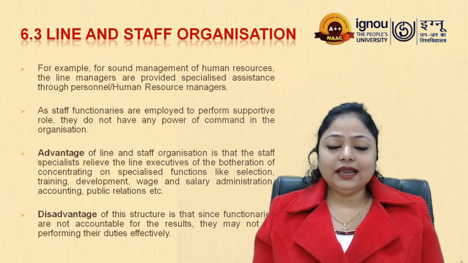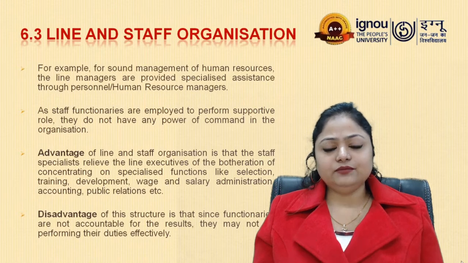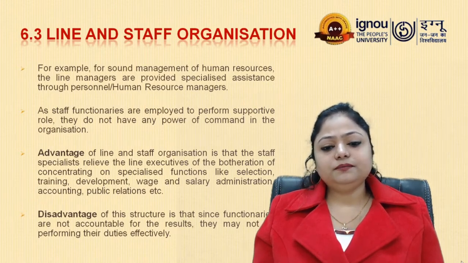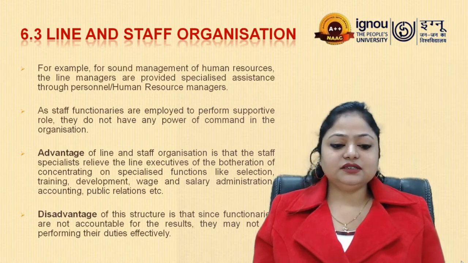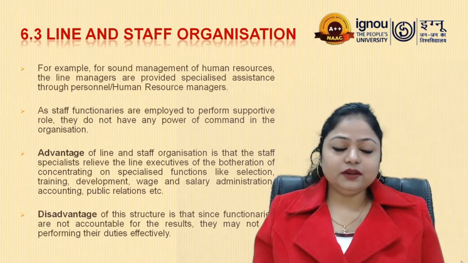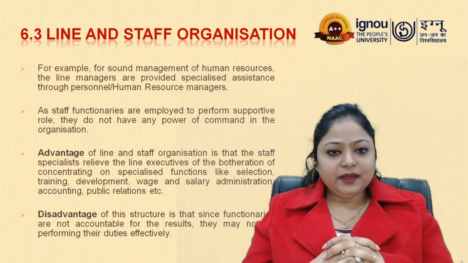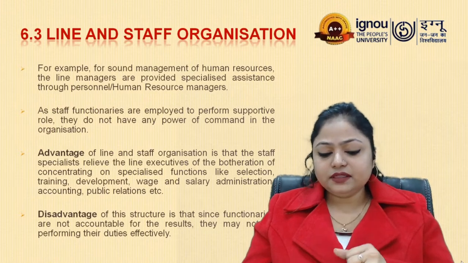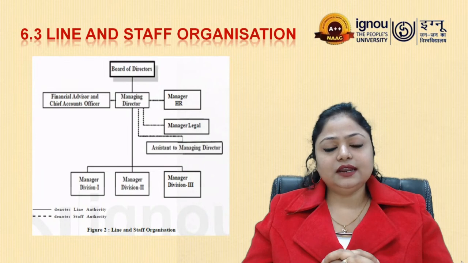The line managers depend upon the staff members or managers who help them to conduct all these processes. Now, the disadvantage of this structure is that since staff functionaries are not accountable for the results, they may not perform their duties and tasks effectively, because they know that accountability for the success of the processes implemented does not rest upon them. So this is a kind of structure which is line and staff.